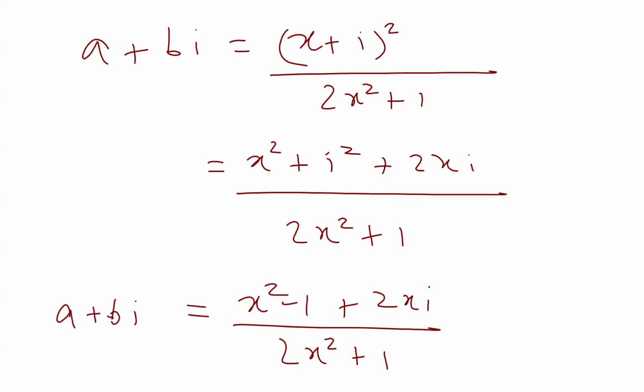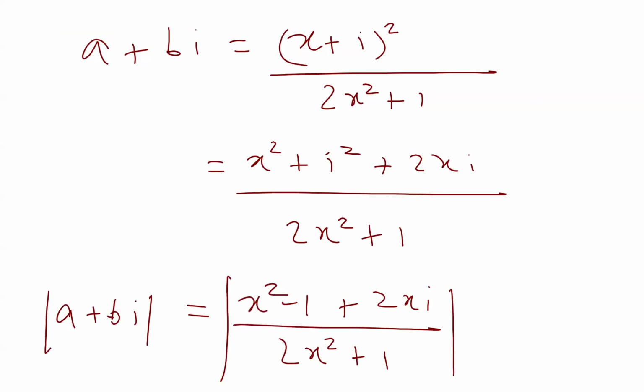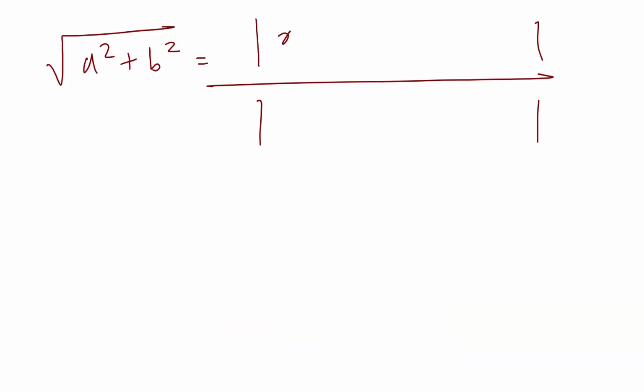Left hand side, it will be root of a square plus b square, modulus of a plus bi. Right hand side, the modulus will be given to both numerator and denominator because modulus of z1 upon z2 is equal to modulus of z1 upon modulus of z2.